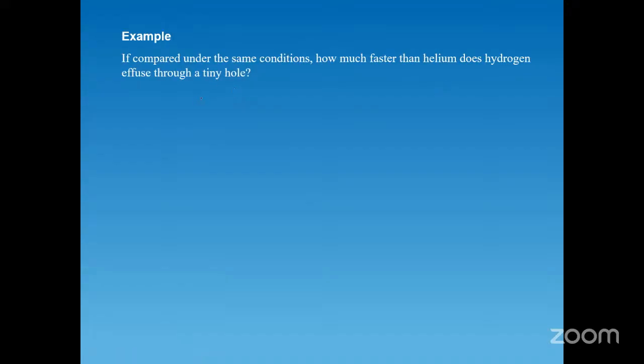So the first thing I'm going to write down is that the rate of diffusion of hydrogen divided by the rate of diffusion of helium is equal to the square root of the molar mass of helium divided by the molar mass of H2, right? That's the inverse square root relationship between these two gases, right?